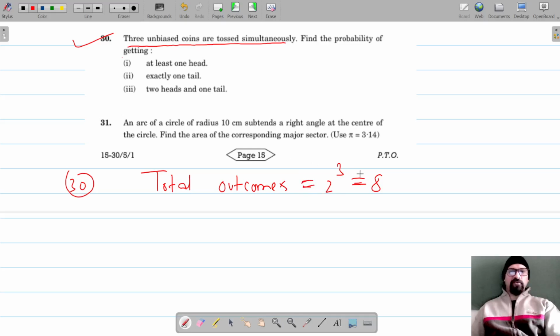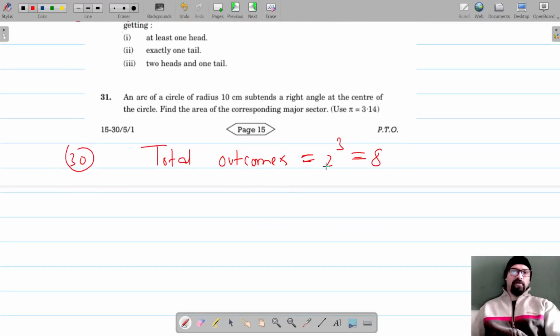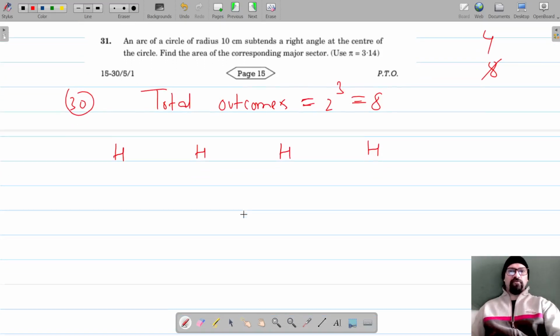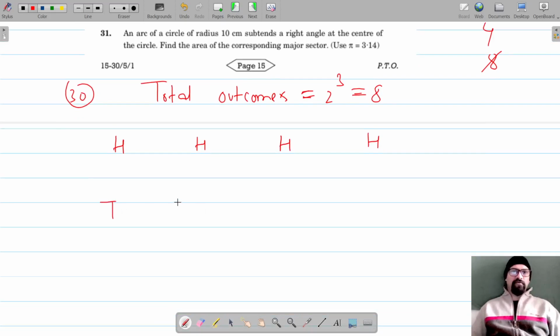We are now going to write down the outcomes. Half of 8 is 4, so we write 4 times head and 4 times tail.